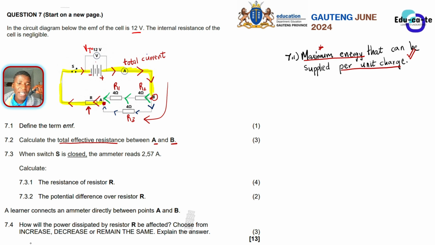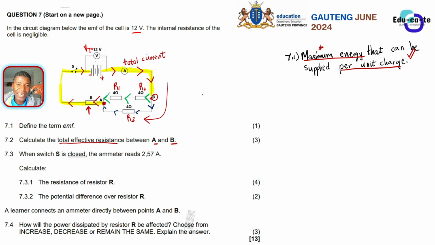Here, the best way that I always recommend learners to do, once you have got 2 resistors that are in series, is to always combine them and form only one resistor. Always combine them, because if you use them as separate, R1 and R2, it's going to be very confusing for you. So let me combine them for you. If we combine 4 and 4, we get an 8 ohms resistor.